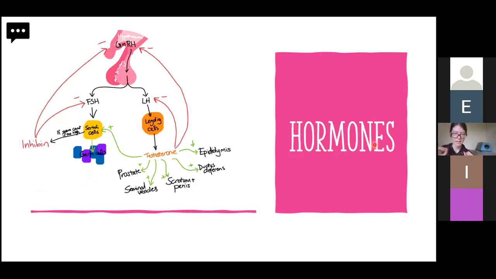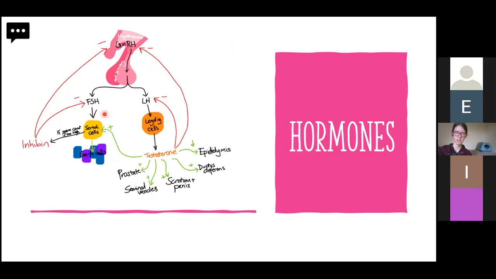Hormones. All right. In males, this is pretty simple. So your hypothalamus has GnRH, which goes to the anterior pituitary, and you've got then 2 hormones, LH and FSH. LH goes to your Leydig cells, so LL, a bit easy to remember maybe, and that goes to your testosterone. Testosterone goes to pretty much everywhere, everything male, and also you get your negative feedback, so it's going to negative feedback on LH and GnRH.